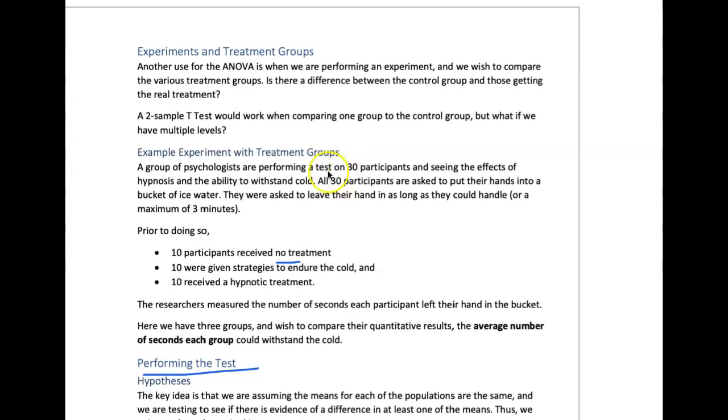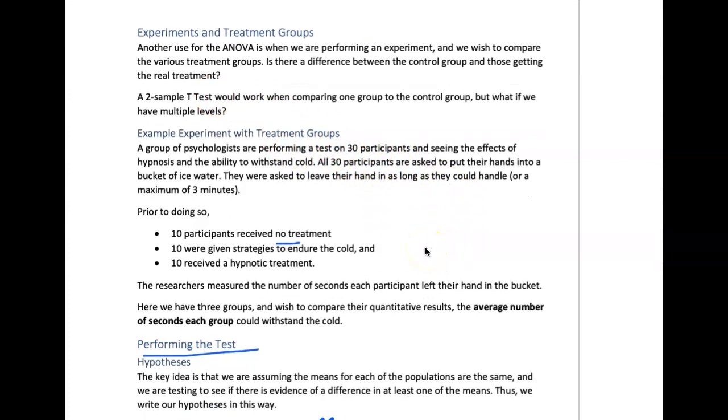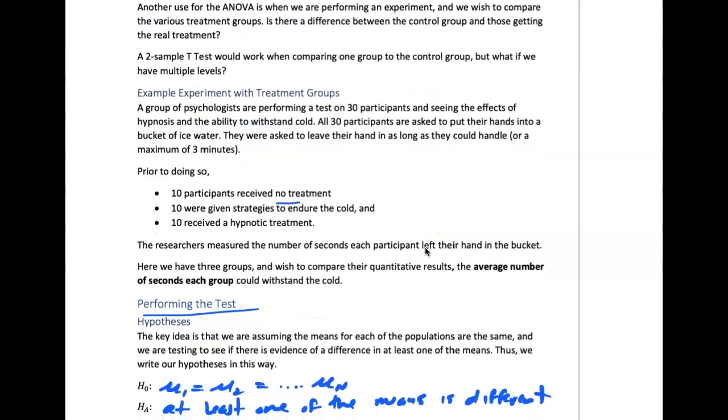One way we look at ANOVA is through experiments and treatment groups, where we have more than one group. For example, 10 participants with no treatment, 10 given some other strategy, and then 10 given some other strategy, in this case hypnotizing versus no treatment versus some type of treatment.